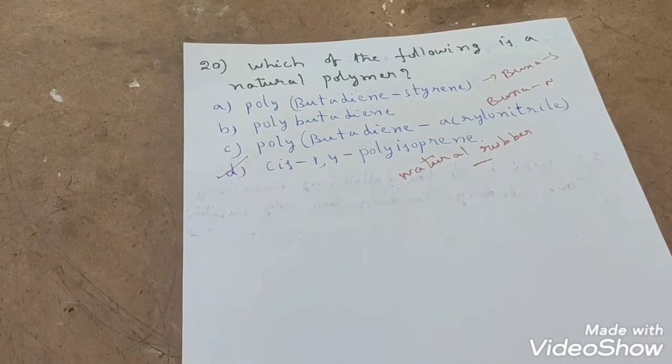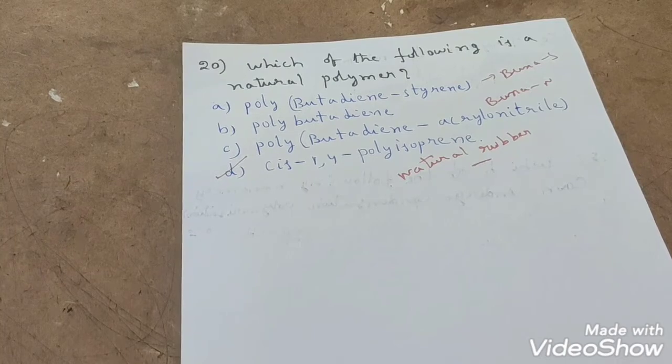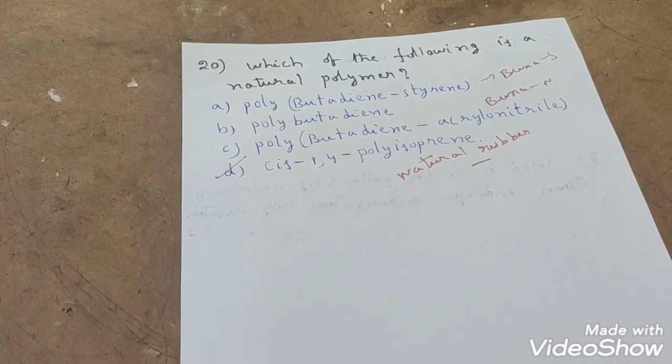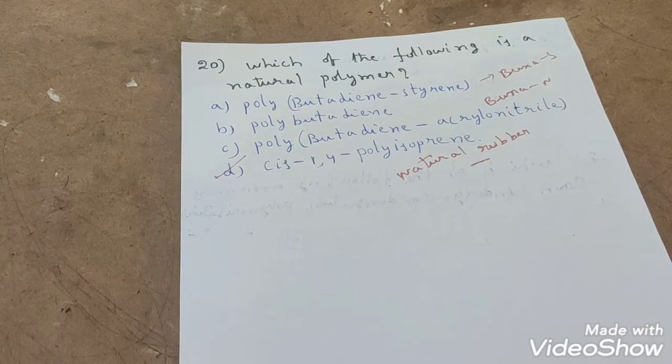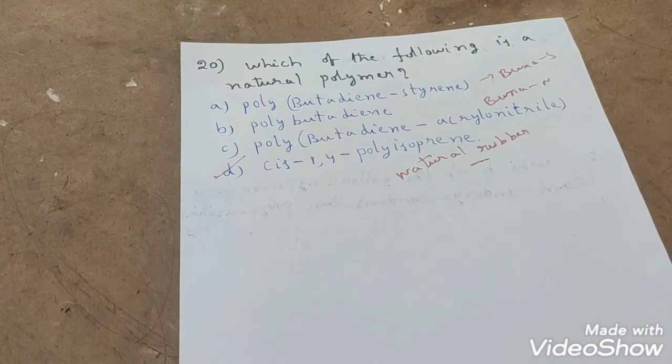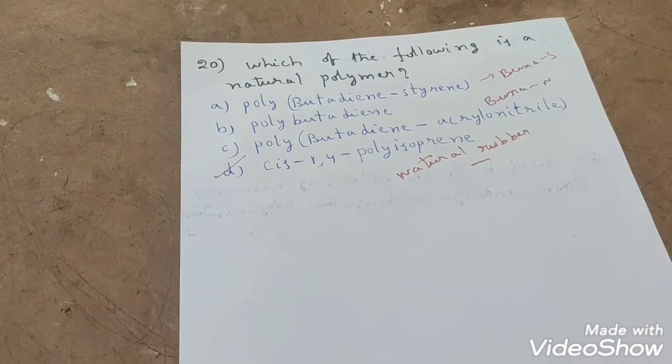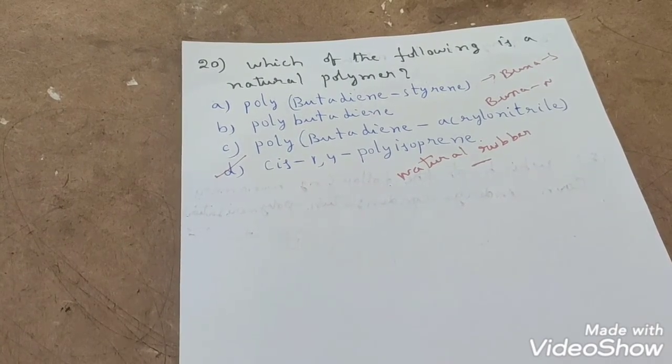All those things you should have an idea about. Along with that, you should know the monomer units of the corresponding polymer and the polymer structure. Most of the questions are related to polymer preparation methods, their names and structures. Like this only you have to practice.